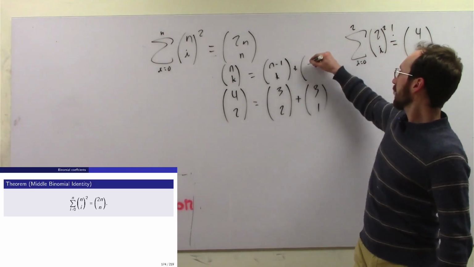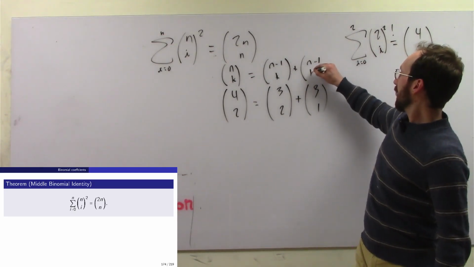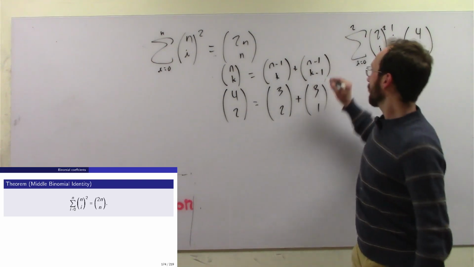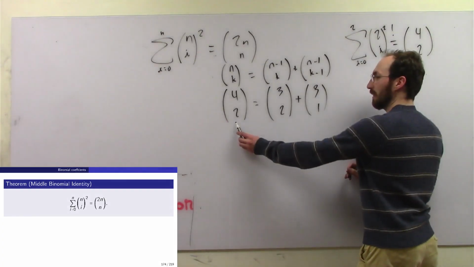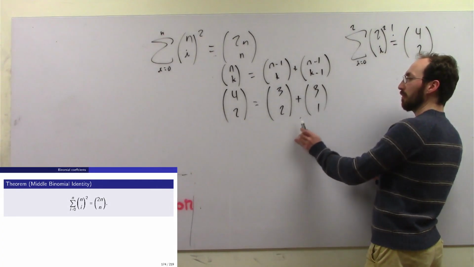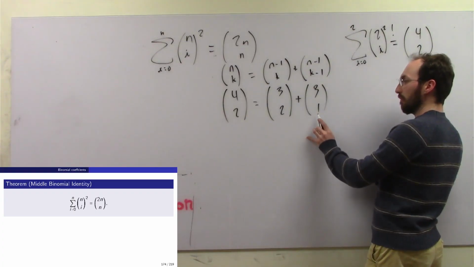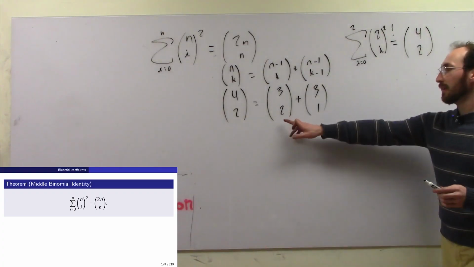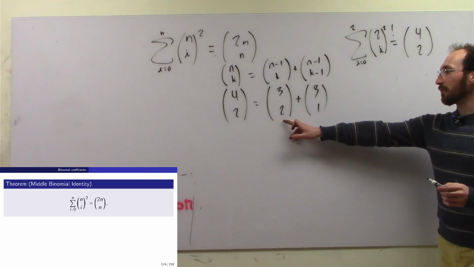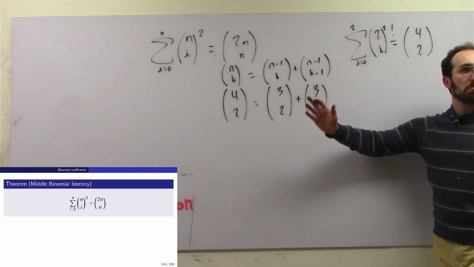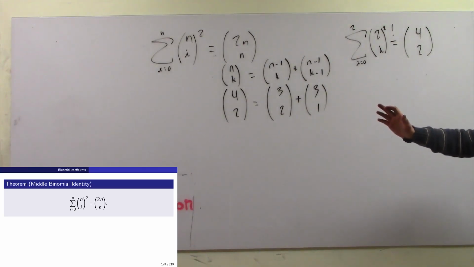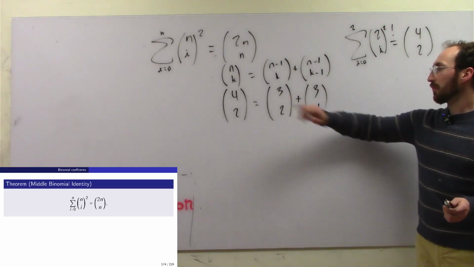And as we have seen 3 proofs of, it is true. So we can be safe to assume it. So 4 choose 2 is the same as 3 choose 2 plus 3 choose 1. And these are nicer numbers to compute. 3 choose 2 is how many ways we can choose a 2-element subset from a set of size 3.